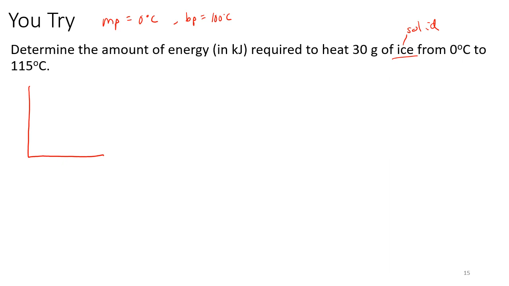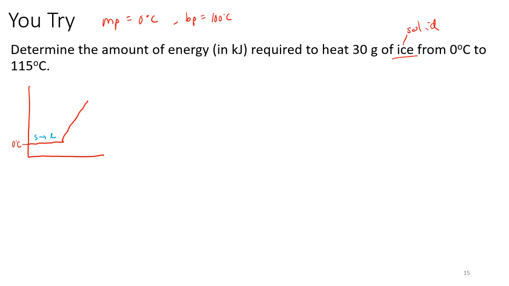We're starting at 0 degrees Celsius already, so we're already at its melting point. We have solid ice that we're starting with, so the first thing it's going to have to do is undergo a phase transition from the solid state into the liquid state. Any energy that we add after that is going to go into warming up the liquid.